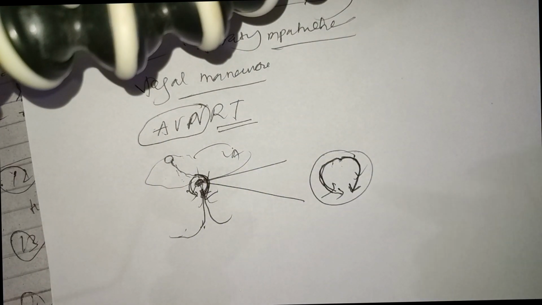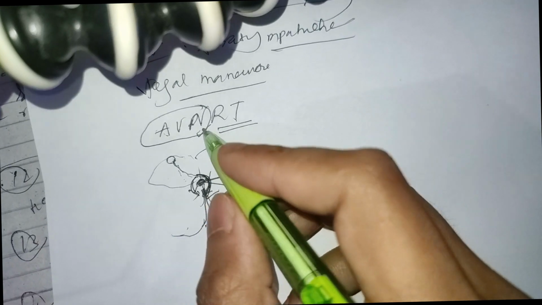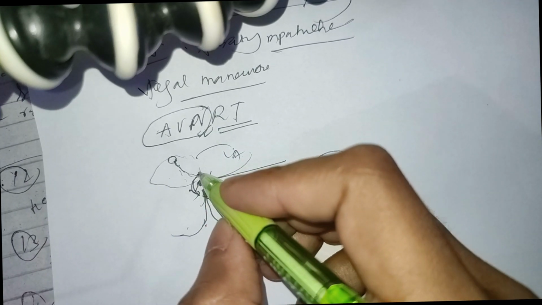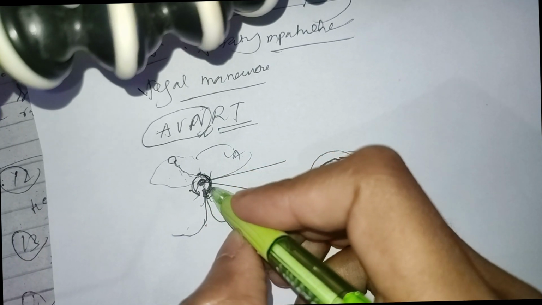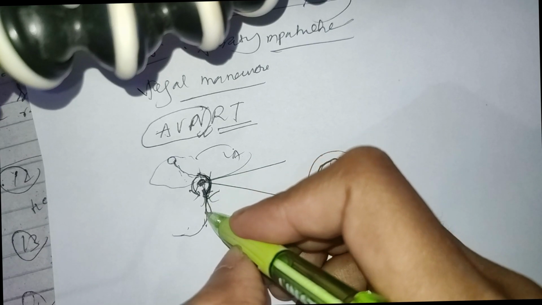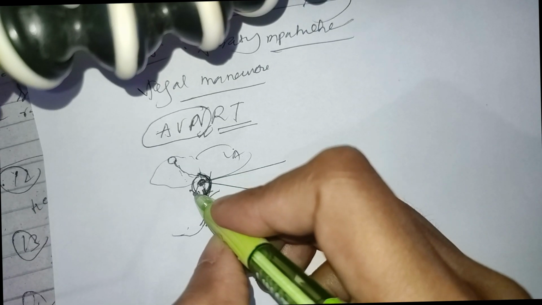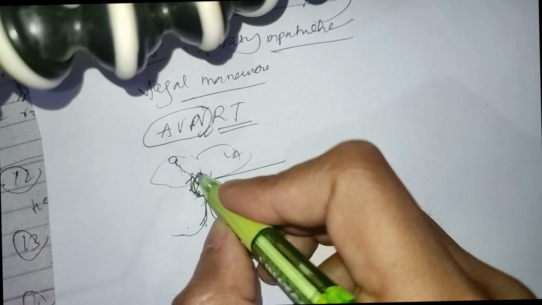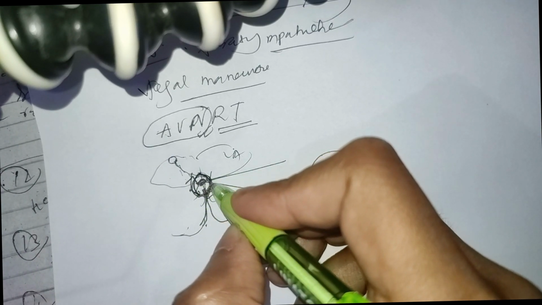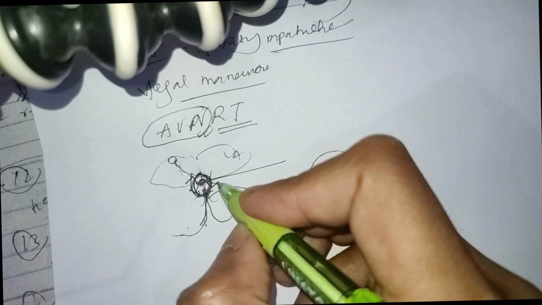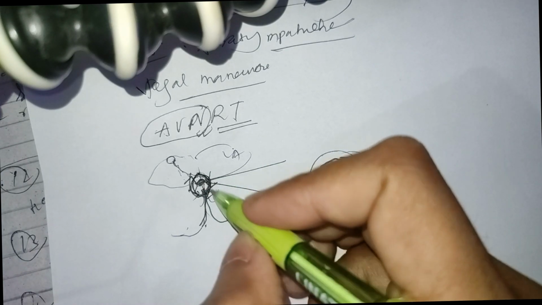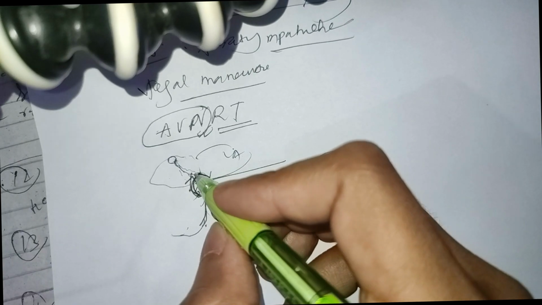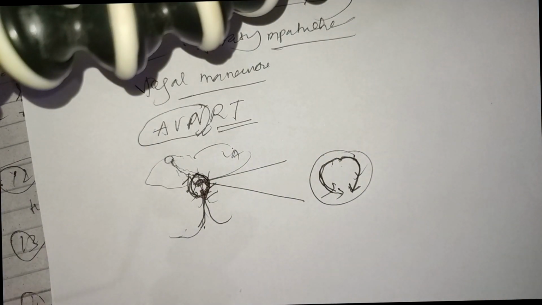But in atrioventricular nodal reentrant tachycardia, the impulse that is reaching here goes downward, and it also goes backward. When this impulse goes backward, it again excites this, then it again depolarizes down, and another impulse is again coming, and that causes tachycardia.